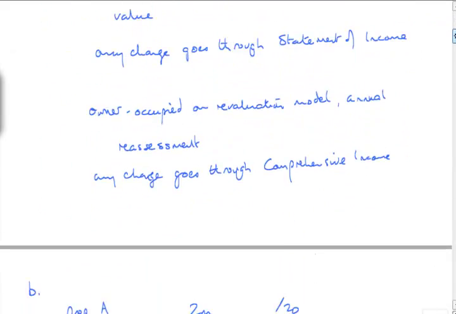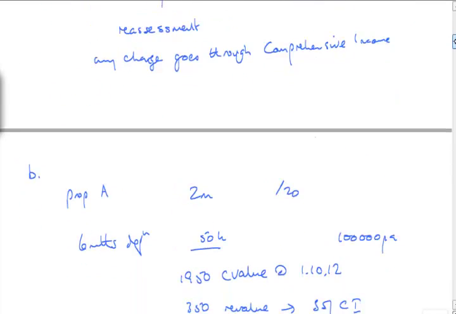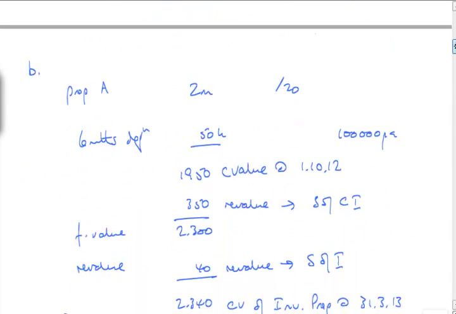Have I finished it? What does it ask? Extracts from statement of income and statement of financial position. Balance sheet, statement of financial position. We're going to have an investment property shown at 2.34. We've got PPE shown at 1.65.